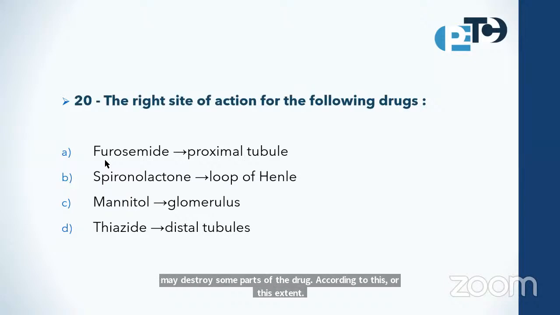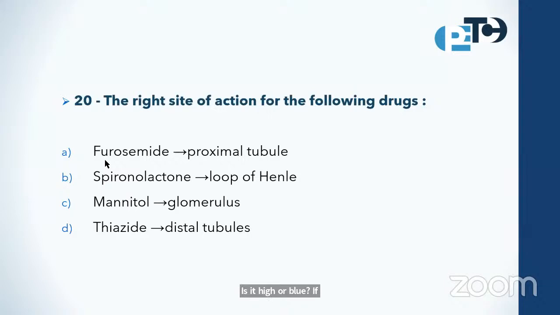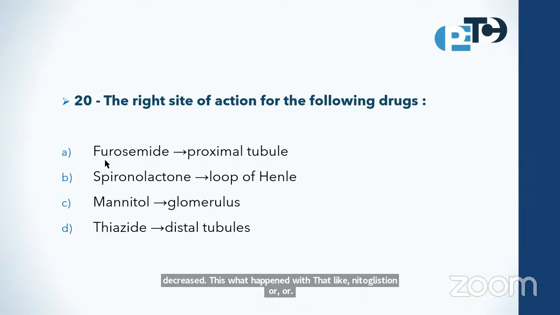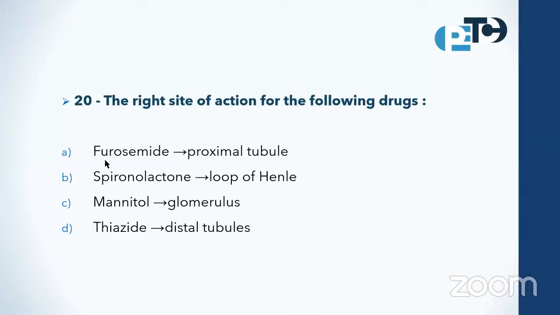If it is high, the remaining amount that goes back to the GIT in order to be absorbed is decreased, so the bioavailability here will be decreased. This is what happens with drugs like nitroglycerin, nifedipine or lidocaine. So a statement that bioavailability is affected by volume of distribution is wrong? Yes, volume of distribution does not affect bioavailability at all.